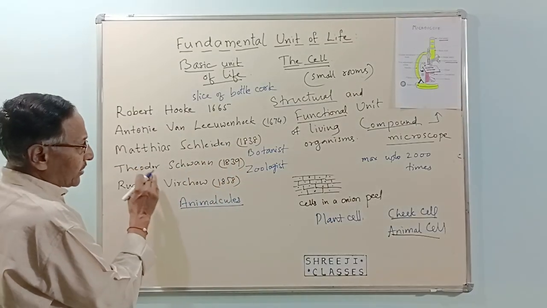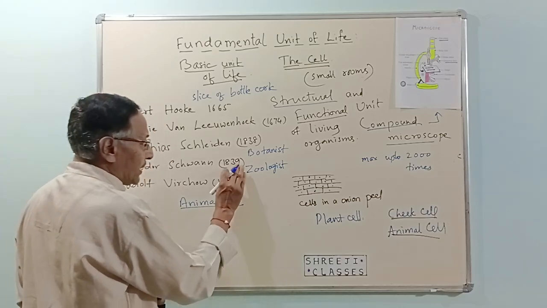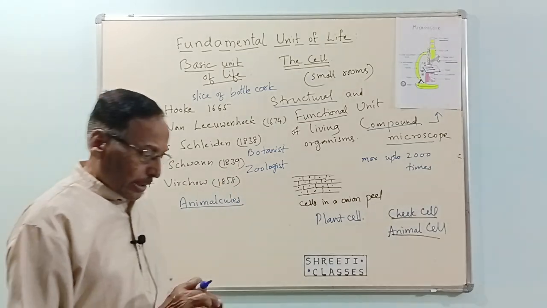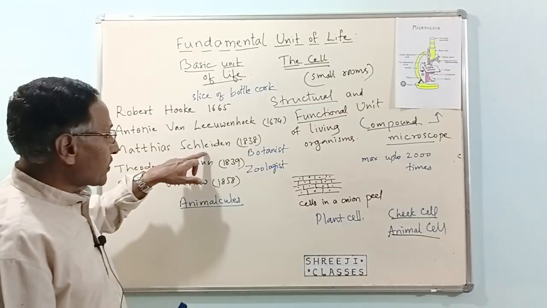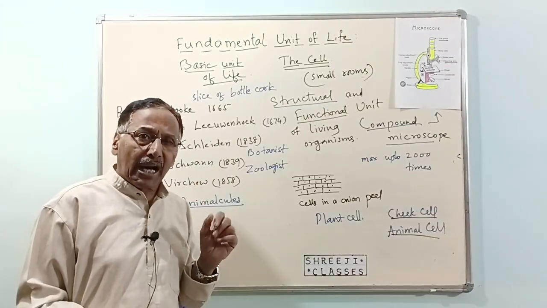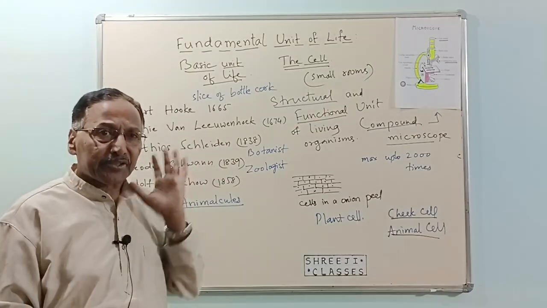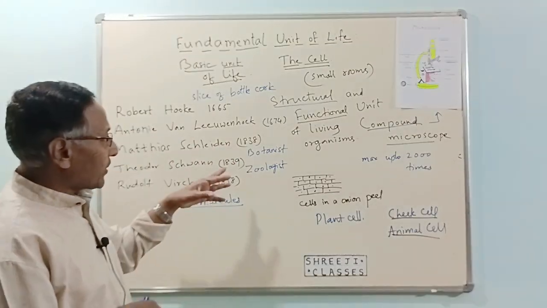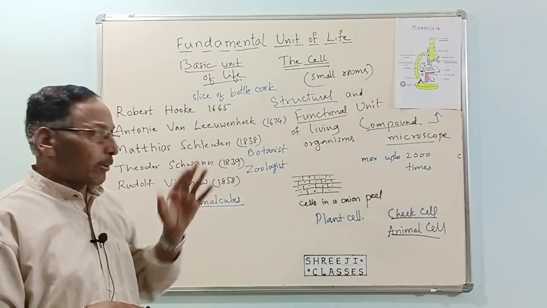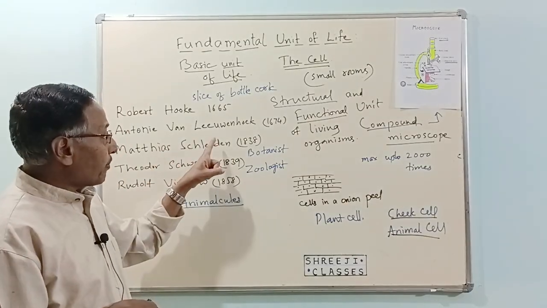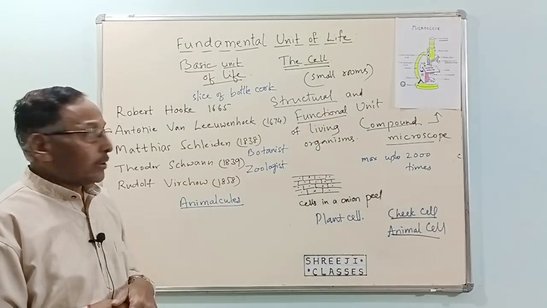One, a botanist, in 1838 and another, a zoologist, in 1839 made some declaration, some announcements. This person, Schleiden, said all the plants are made up of cells. Similarly, one year later, Theodor Schwann made an announcement that all the animals are made up of cells.